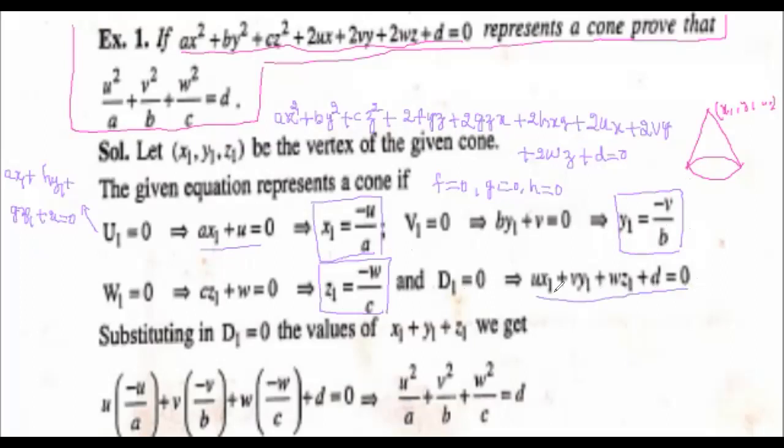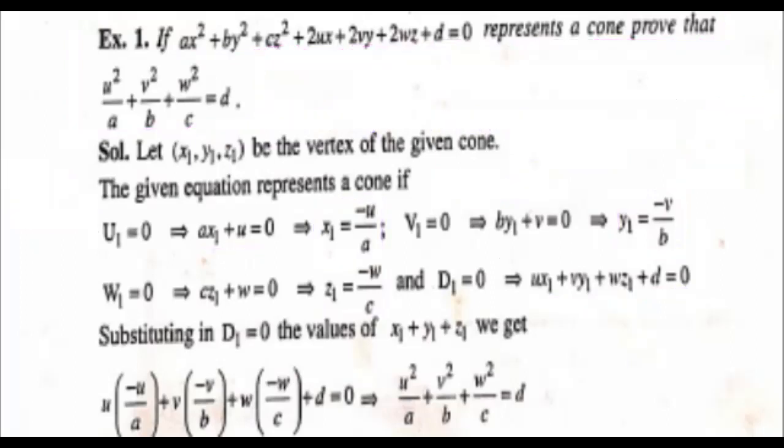Now replace x1 by minus u by a, y1 by minus v by b, and z1 by minus w by c. Then we get minus u square by a minus v square by b minus w square by c plus d equal to 0.